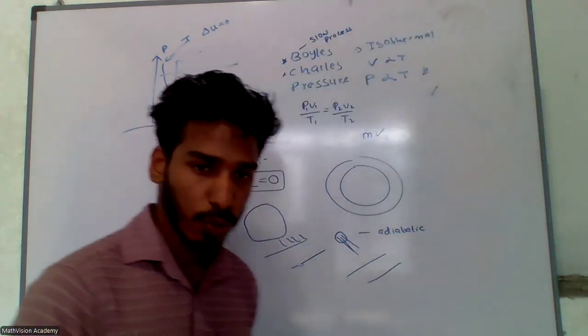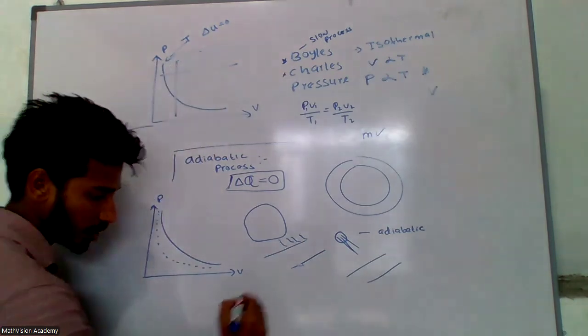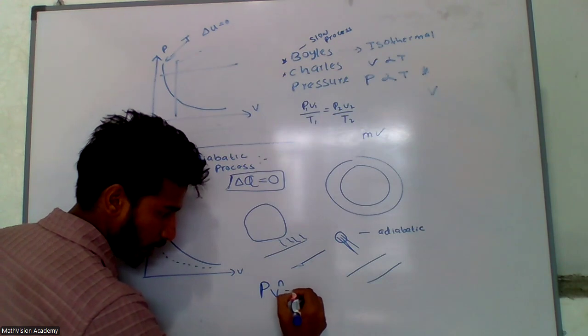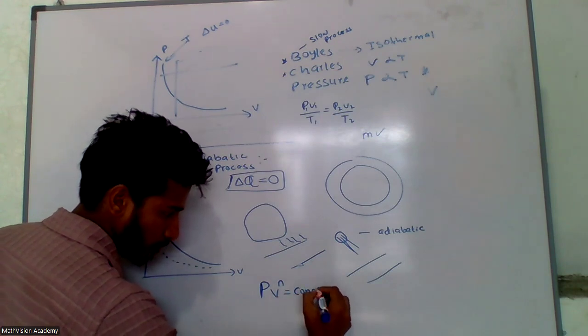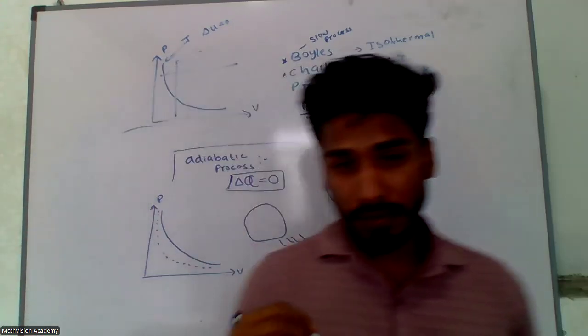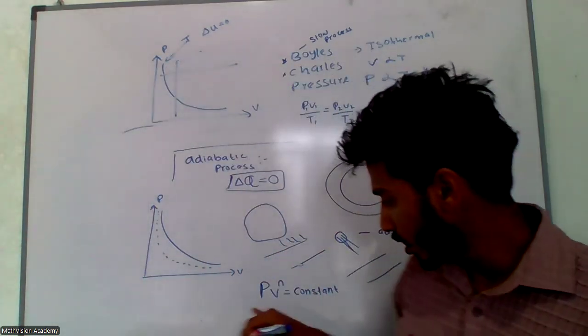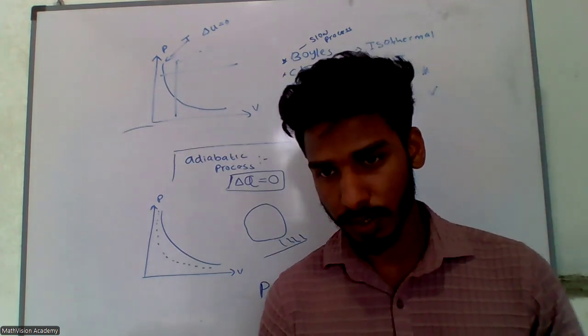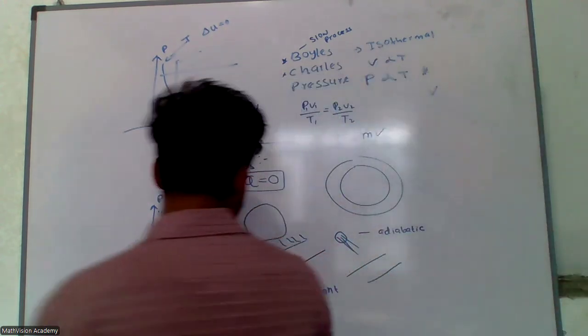The general equation behind an adiabatic process is PV to the power n is a constant. So these are the most important things you should know.